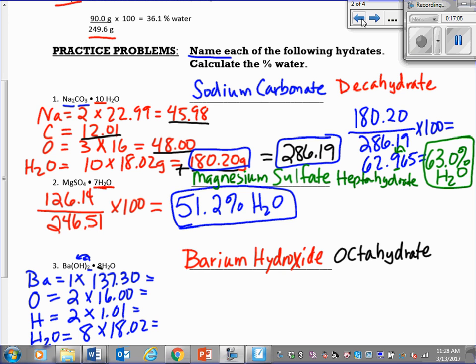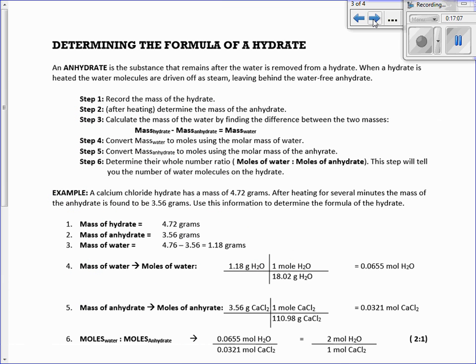Now we're moving on to the next page. And here, they give you a new vocab word at the top. You might want to highlight it. The word anhydrate. Anhydrate is the substance that remains once the water is removed. So like in the lab we're going to do next class, you are going to take the crystals and heat them up.